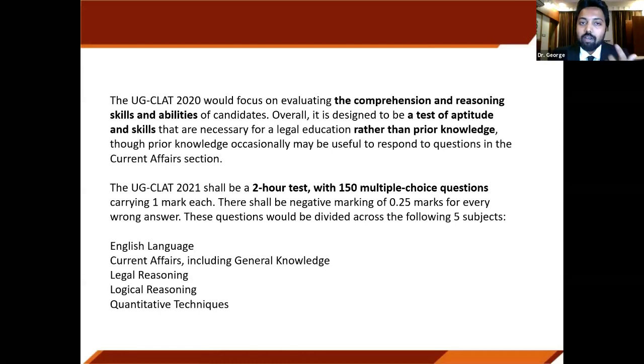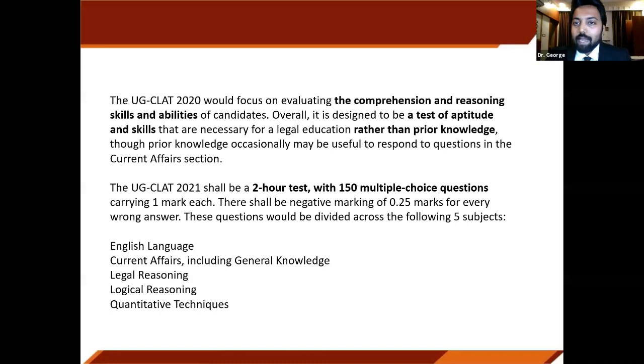The only real, valuable piece of information about any competitive exam that you can get is what the recruiting agency or consortium is telling you. When you Google, there's a lot of information available, but it makes sense for you to go to the actual source of information, who is really conducting the exam. So these are the wordings that they have used, and I've highlighted a few that are of significance.